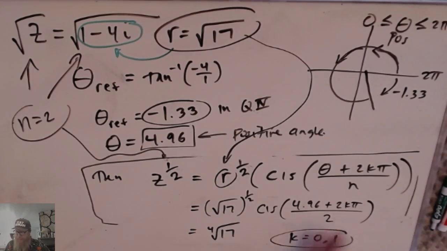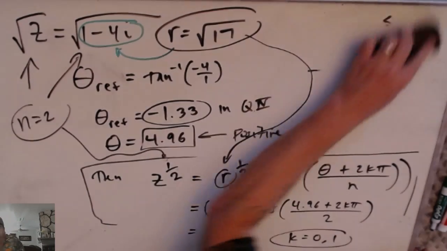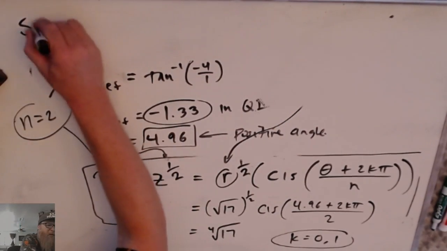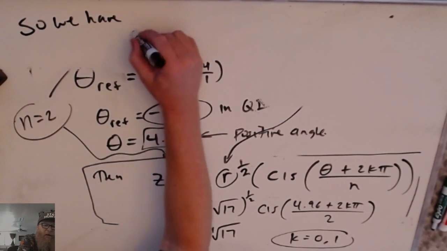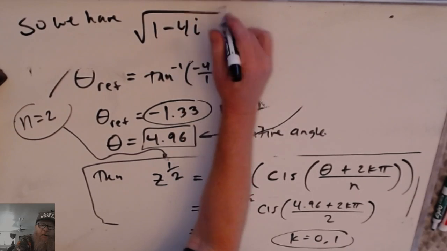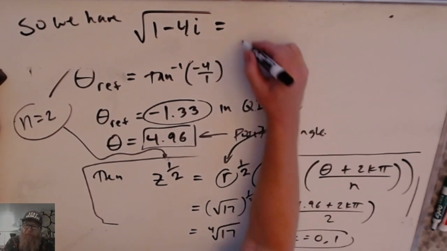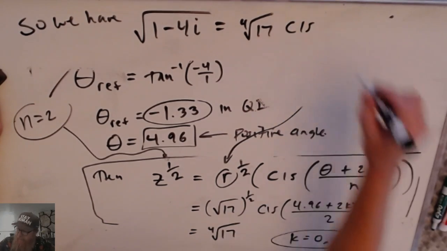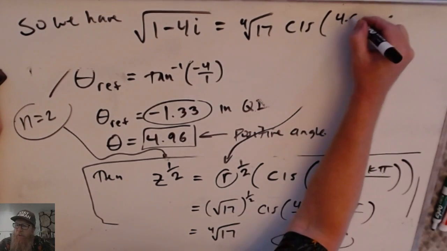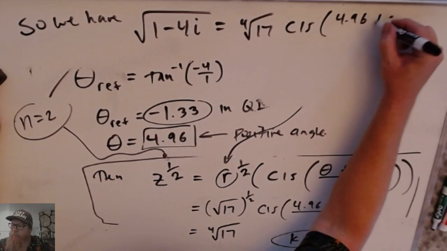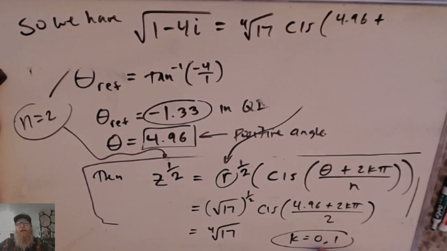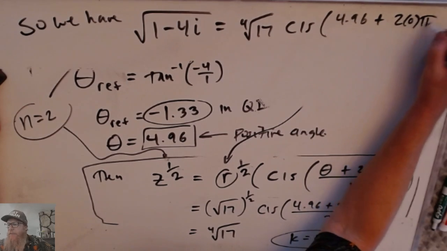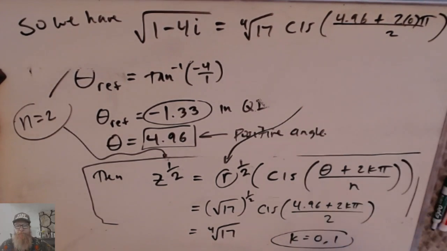It's kind of messy. Let's clean up our answer here. So we have the square root of 1 minus 4i is equal to the fourth root of 17 cis of 4.96 plus, now I like to plug 0 in first, so that'll be 2 times 0 times pi divided by 2.